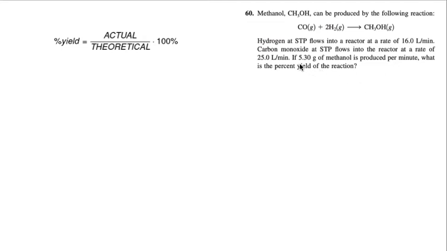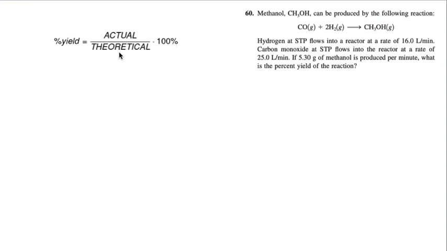And notice also that we have 2 substances here. So we have the hydrogen and the carbon monoxide, which means that we have a limiting reagent calculation. We need to determine the limiting reagent in order to predict the maximum amount of methanol that would be produced in this system. So once we have that, that would be the theoretical amount.